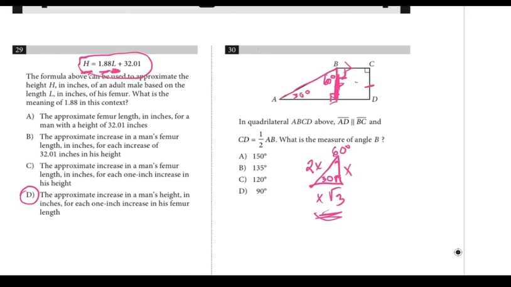So 90 plus 60, this whole angle is 150. 90 plus 60 is 150 degrees. Answer choice A. Know your special right triangle, students. Critical on the SAT. Level of difficulty for this question, I will give this one a level 8.